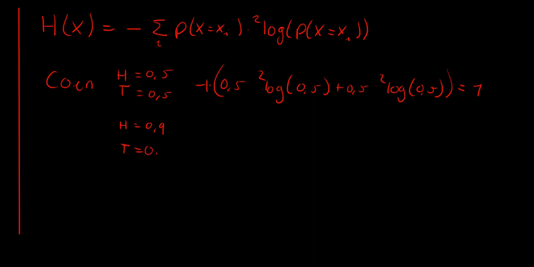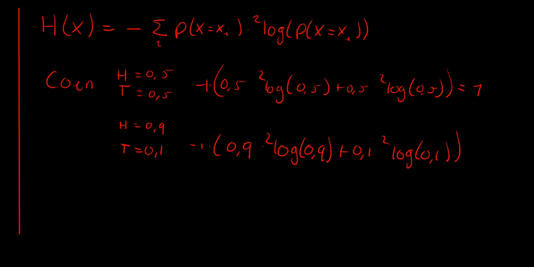If, for example, we would change this probability, let's say to 0.9 for heads and 0.1 for tails, we have a very unfair coin, then our entropy would actually change. And why is that? Well, that is because we are way more certain of what's going to happen. It's way more certain what will happen, so our uncertainty will actually drop. 0.9 times log of 0.9 plus 0.1 times log of 0.1, this whole times minus 1.